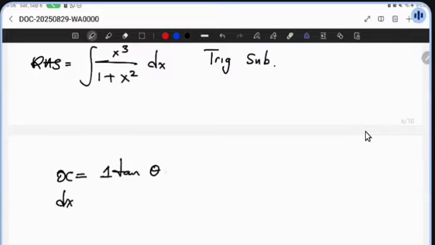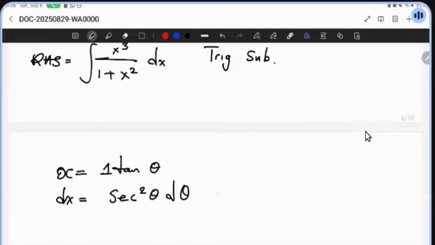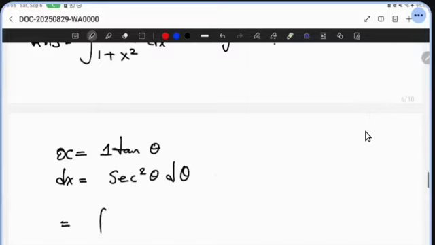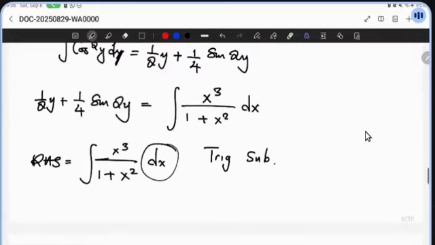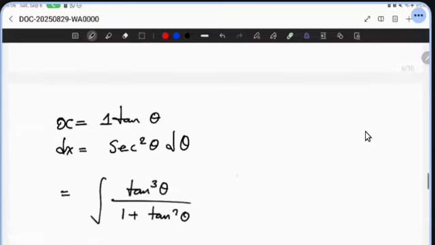So that dx will be equal to the derivative of tan, which is sec squared theta. Now when we substitute, where there's x, we're putting tan theta. So we have tan to the power 3 theta over 1 plus tan squared theta, and where we have dx, we're putting the derivative, sec squared theta d theta.